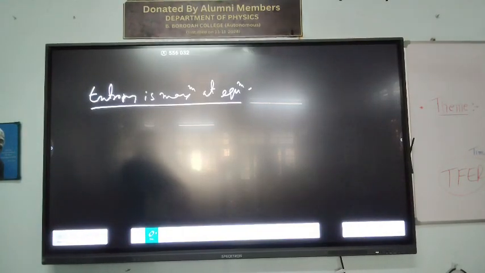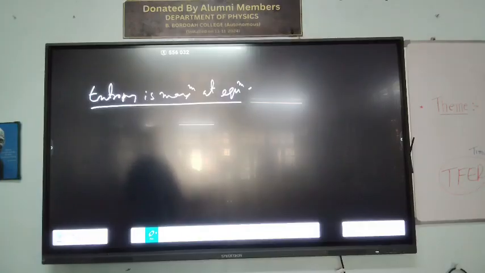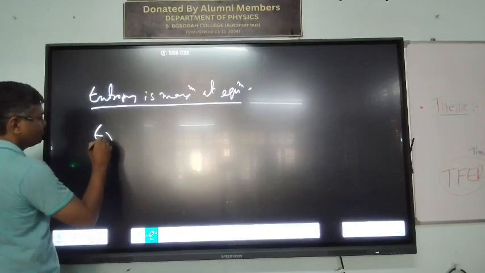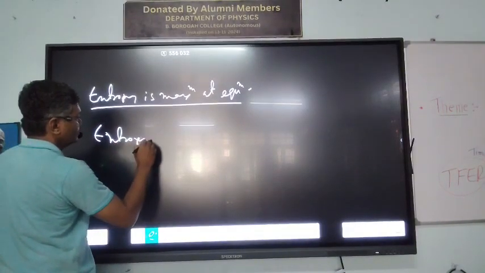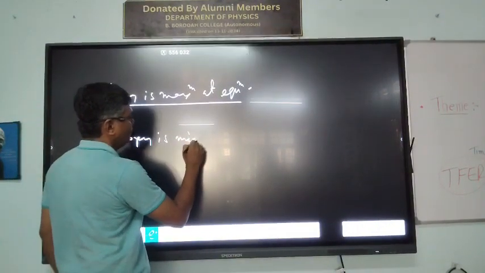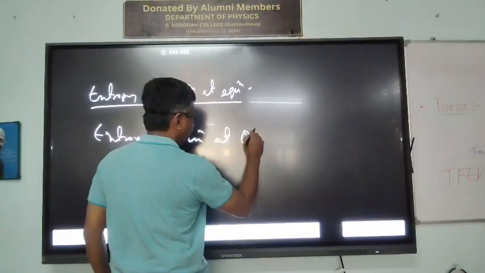So whenever you are reaching 0 Kelvin everything will become stopped, all will be ordered and your entropy will be minimum. So entropy is minimum at 0.